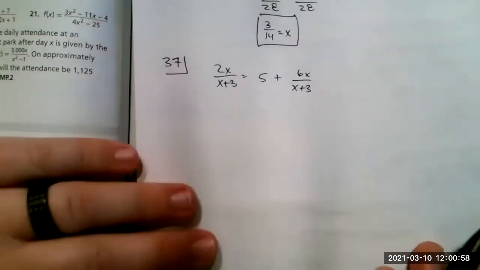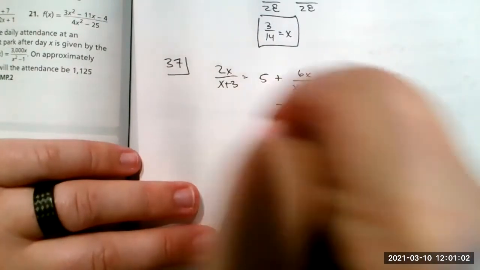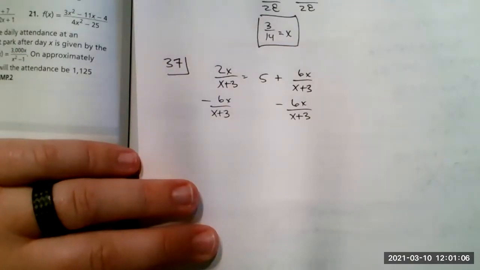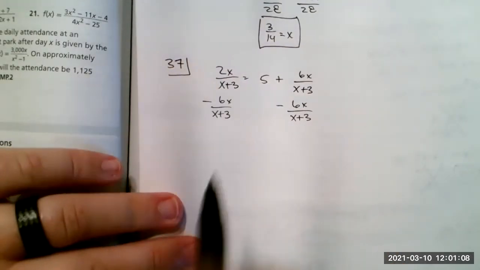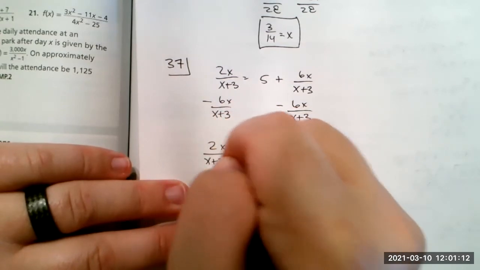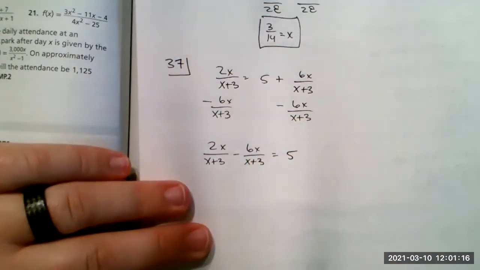So what I'm going to do is go ahead and subtract this 6x over x plus 3 from both sides. That way I'll have two fractions with common denominators on the left, and then that 5 on the right.